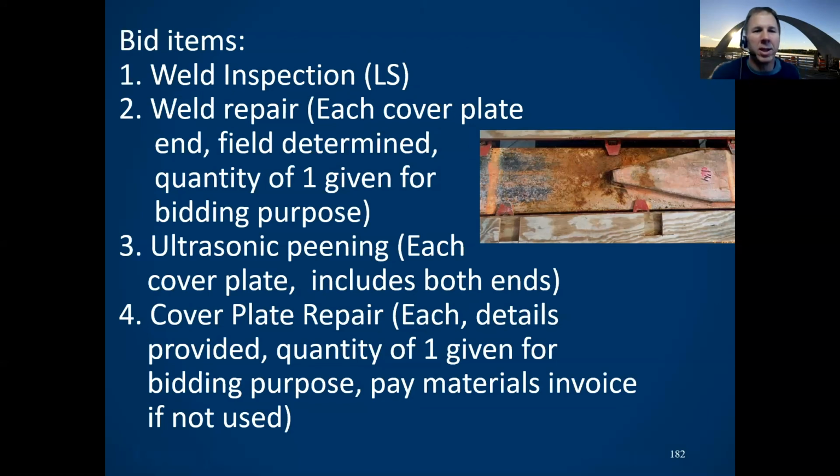The contractor gets paid for that, and we give a quantity of 1 for bidding purposes. If we had a lot of locations on a bridge, that would add up in cost, because they're probably going to bid pretty high on that one location. But we think we don't get too many of those used.